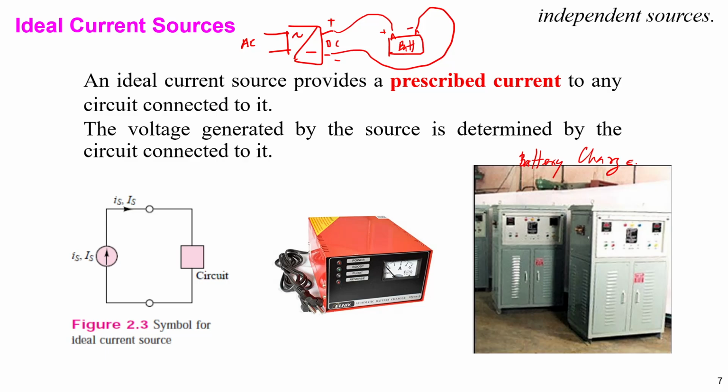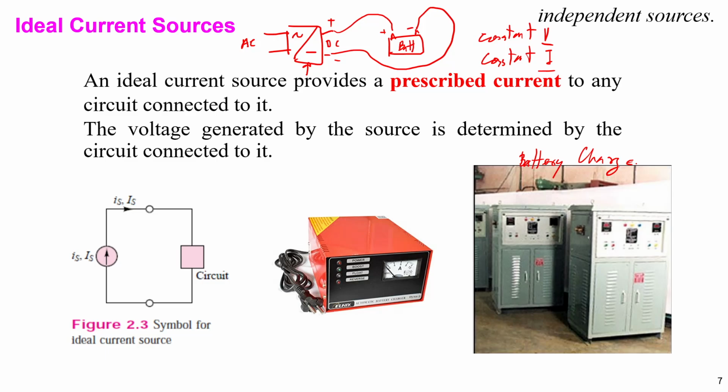For this function, we need to control the system for constant voltage or constant current, to manage our battery state of charge, okay? Sometimes constant voltage, sometimes constant current. So we sometimes need to solve the circuit with constant current.